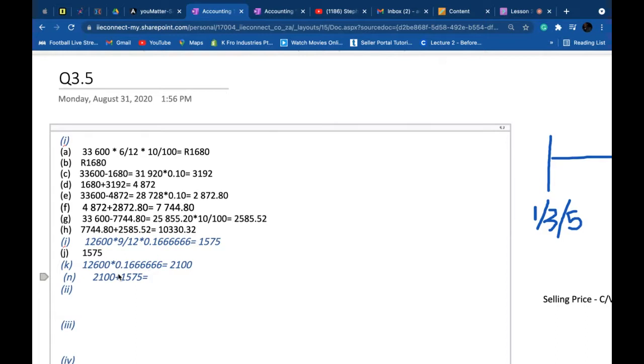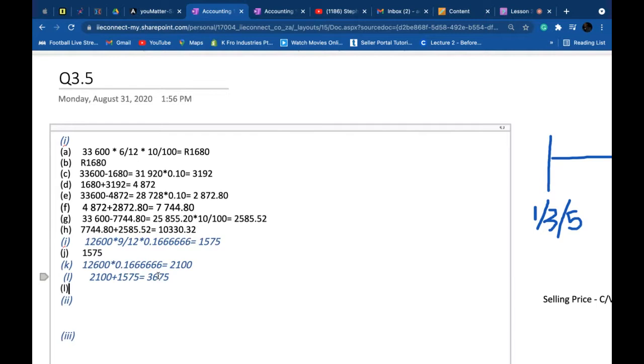So I, J is fine. So this is supposed to be L. L is what we skipped. Let's just make that L, okay? And then, what's the total that we get there? 3,675.